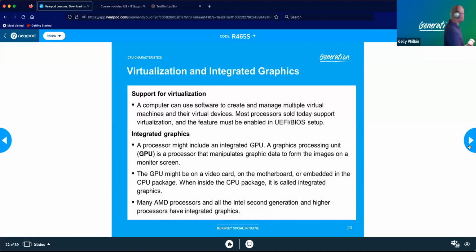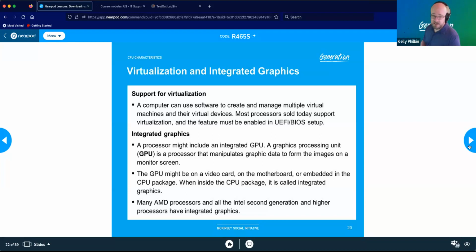So we have virtualization. What virtualization means is essentially we can simulate other computers by utilizing the resources of our computer. So we can create multiple computers with a single one, which is awesome, especially for those of us in IT who may have to test whether or not software or an update is going to have a negative impact on the system.